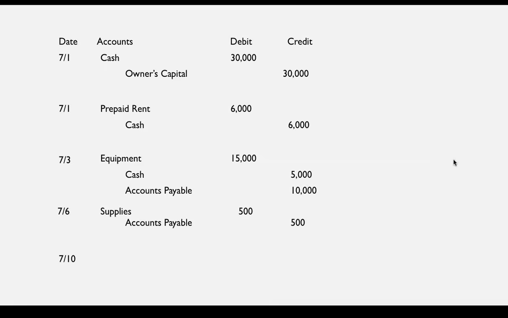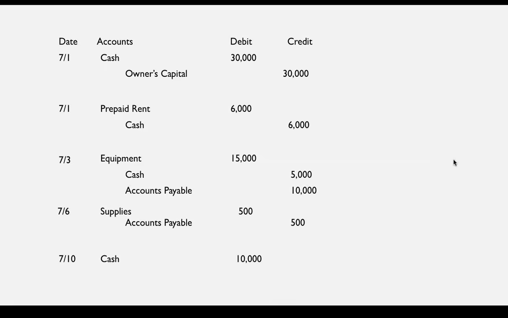So when the company is getting money, we want to show that as cash being debited because the cash that they have is increasing. So we need to increase that company's cash.